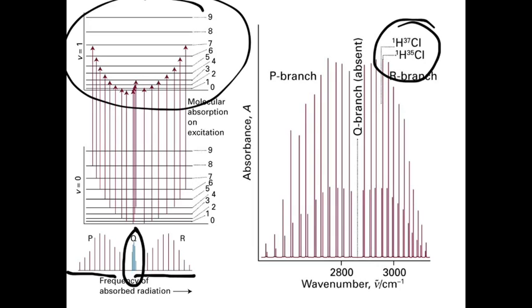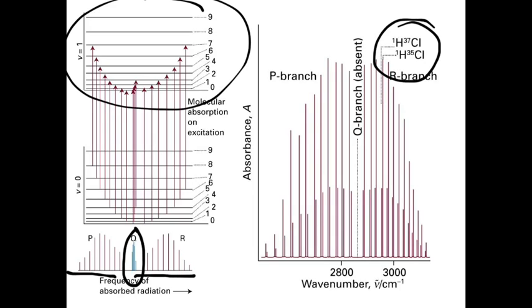You still see the Q branch, but now you see two sets of P branches, one more intense than the other because there's more of chlorine-35 than there is of chlorine-37. And then you also see the R branches there where the rotational energy is increasing. And there you go. So that gives you the rotational and vibrational spectrum together.